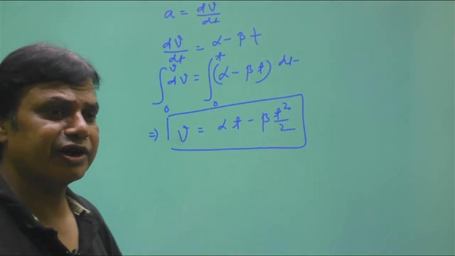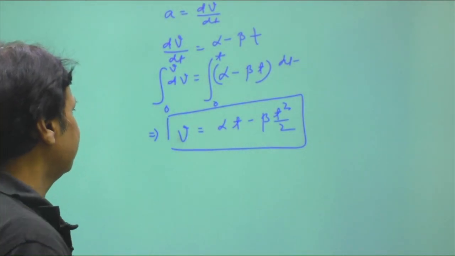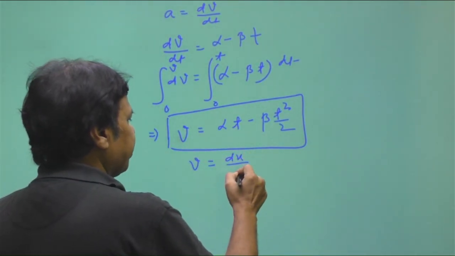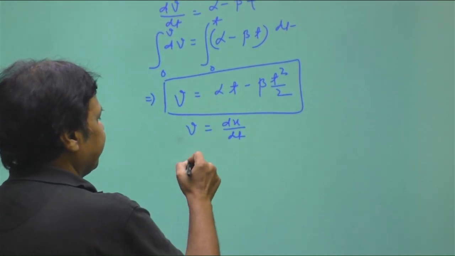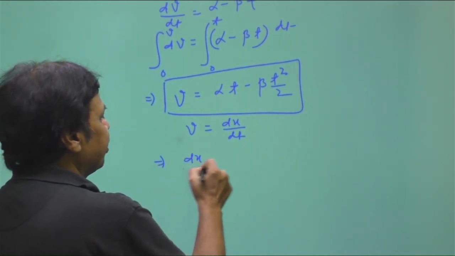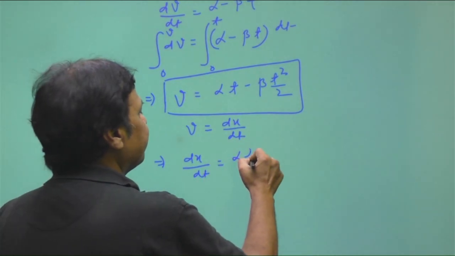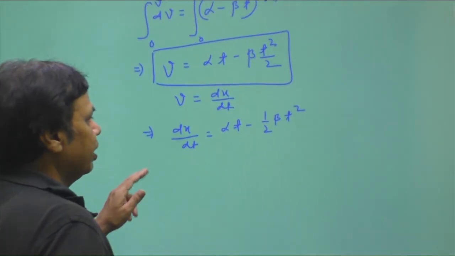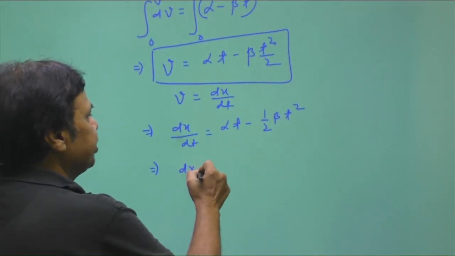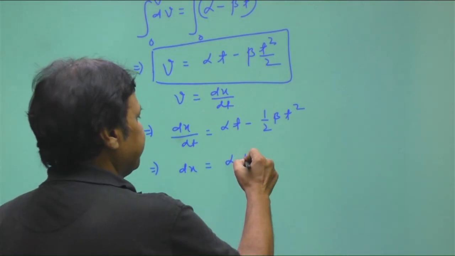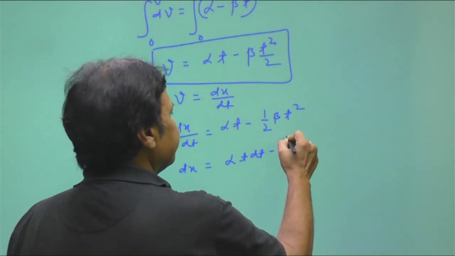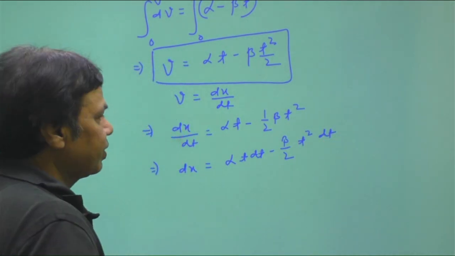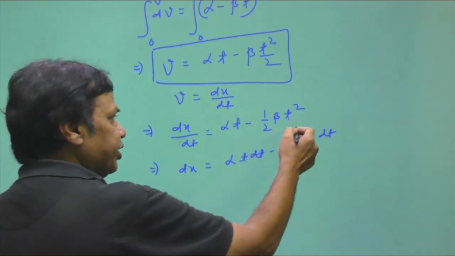Then to find the x coordinate of the particle, you can express v as dx upon dt, and you can write here dx upon dt equals alpha t minus half beta t square, and that means dx equals alpha t dt minus beta upon 2 t square dt. And again you have to integrate.